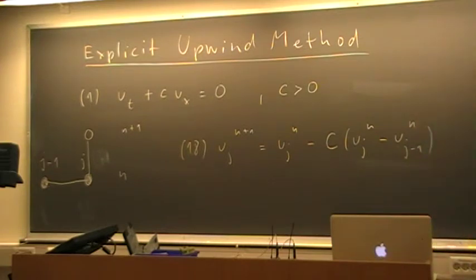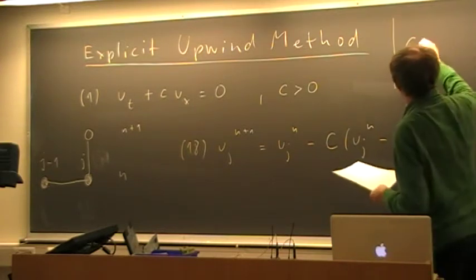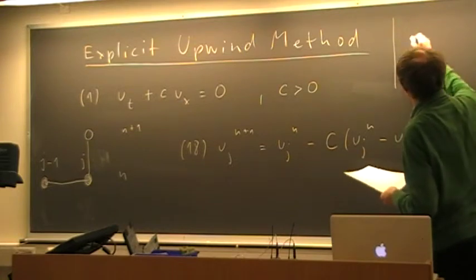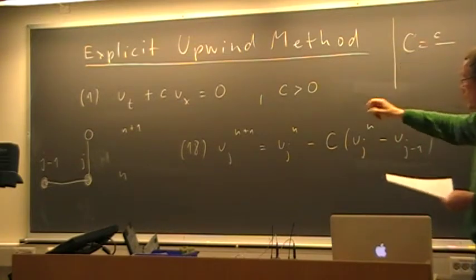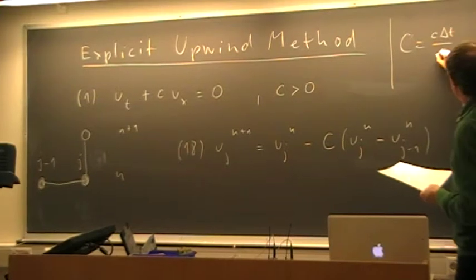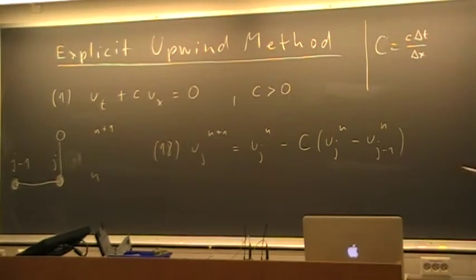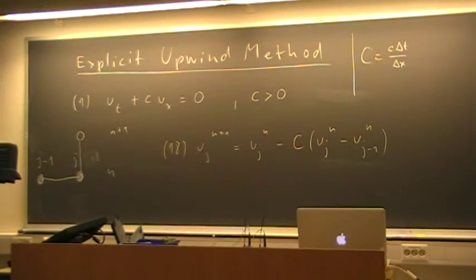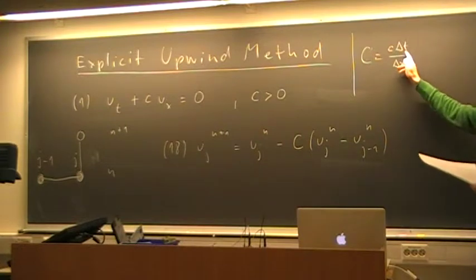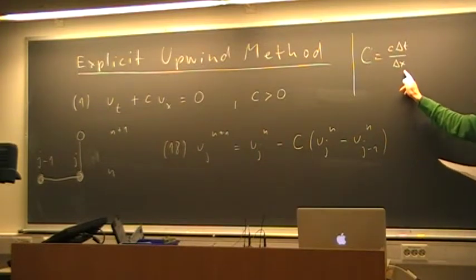And C is the Courant number. So the capital C is the advection velocity times time step divided by delta x. So that's the distance that our advective quantity u travels in the time delta t, that is c delta t. The ratio to the grid spacing is the Courant number.